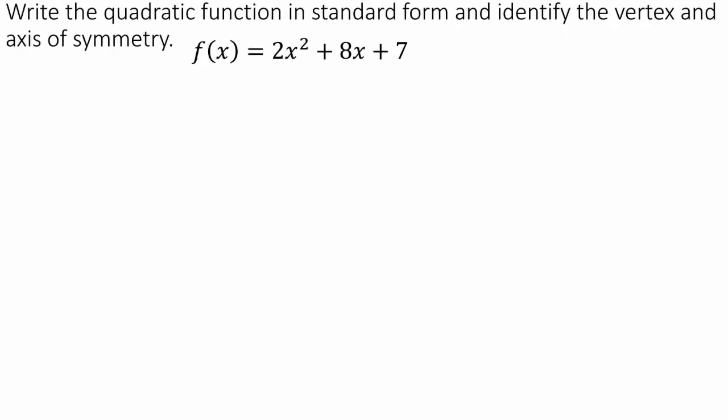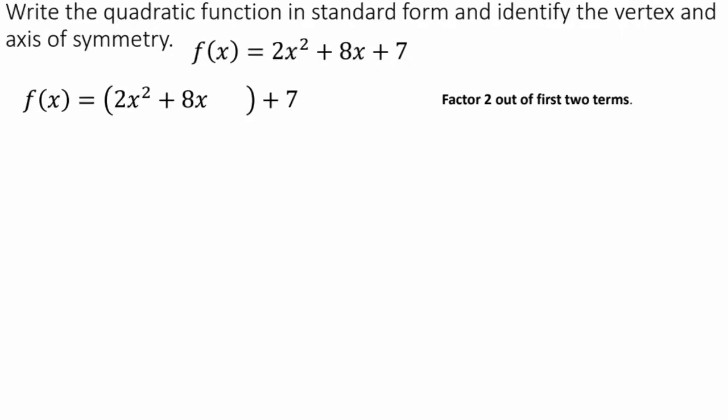All right, so let's look at another example. Write the quadratic function in standard form. Identify the vertex and the axis of symmetry. Okay, so there's several ways of doing this. I like to do this method to find the standard form of the quadratic equation, because right now it's in general form, right?